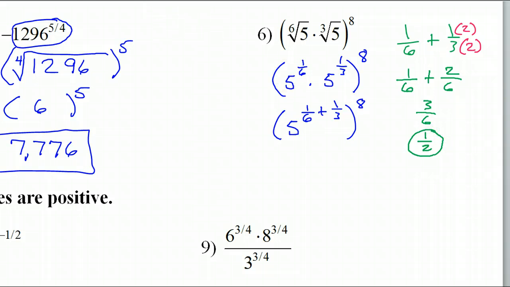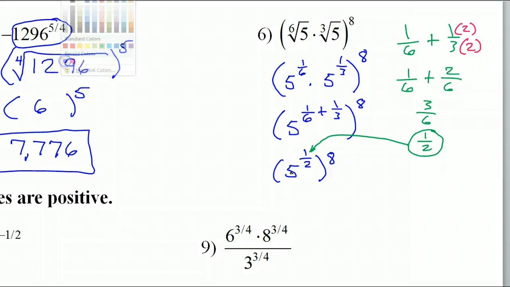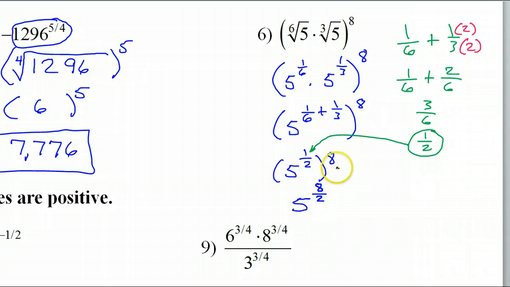Okay, keep that in mind. So I would have 5 to the 1/2 power to the 8th power. Okay, let's just make a note that this 1/2 came from this process. Now, power to a power, you multiply. So this is going to be 5 to the 8/2 power.